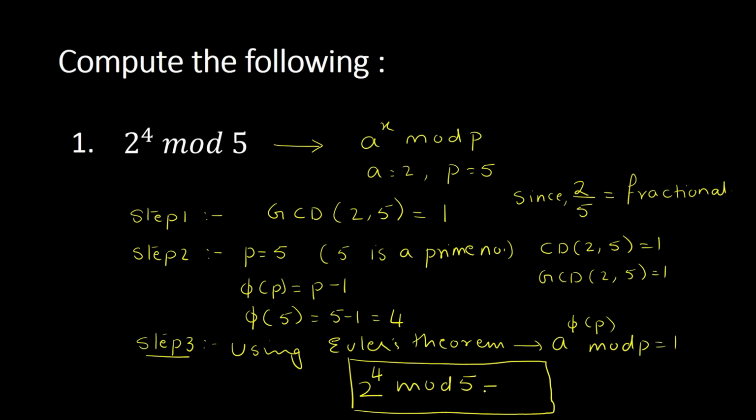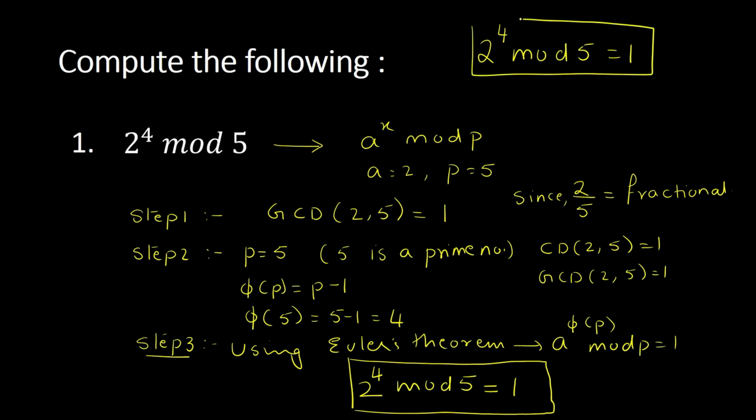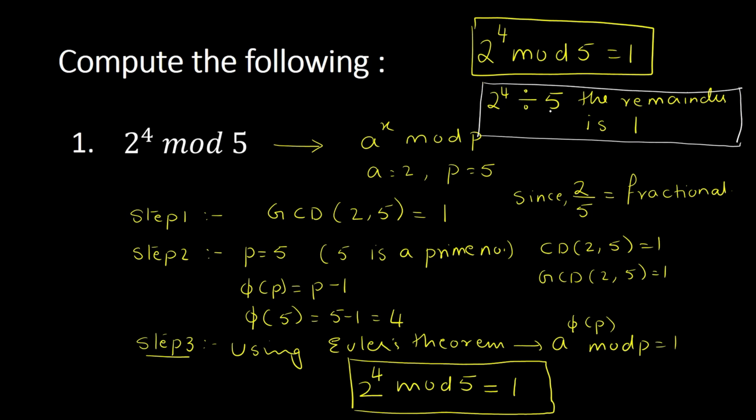You can directly use Euler's theorem and replace it with 1. Therefore, for this question, the answer of 2 raised to 4 mod 5 is equal to 1, which also means that if you divide 2 raised to 4 by 5, the remainder of the division is 1. So modular arithmetic basically provides us the remainder. So the remainder of 2 raised to 4 divided by 5 is 1.